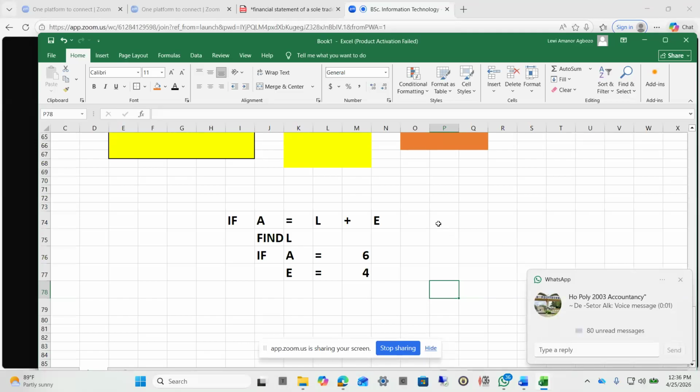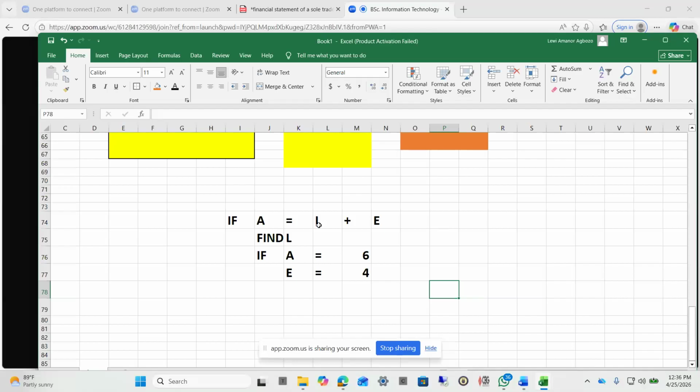Yes, sir. So find the liability. Liability will be 2. How did you do it is my concern now. So the liability, you maintain it in front of the equal to sign. So it's like L is equal to 6, then you bring the 4.